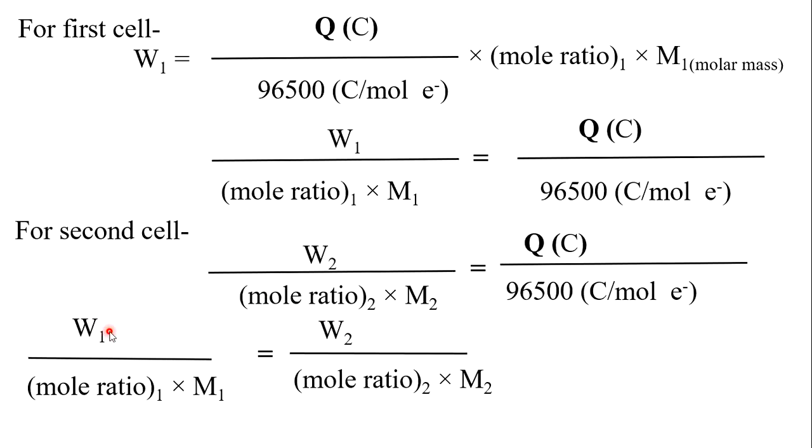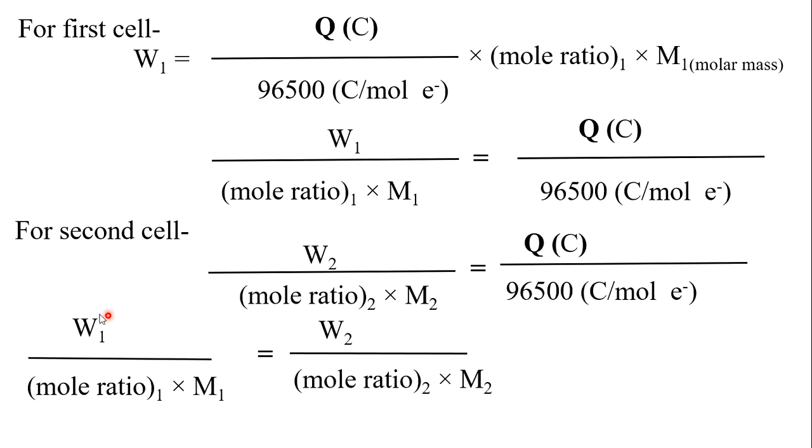Mole ratio is obtained from the stoichiometry of the half reaction. That will give you the relation between the masses in the two cells.